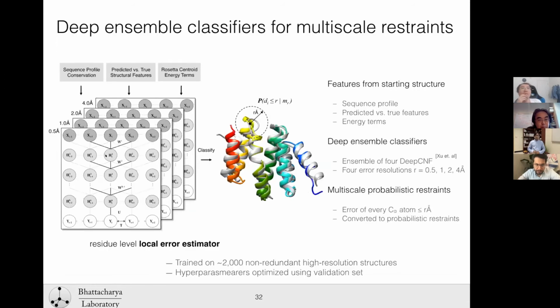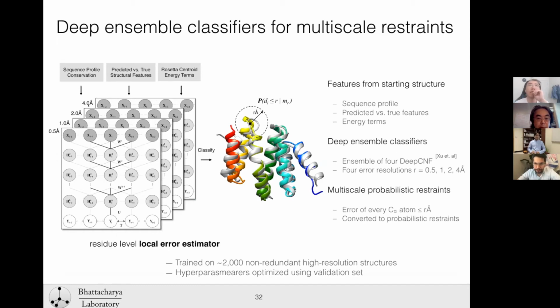Here's the basic idea behind ReFOLD-D. We use standard features derived from the starting structures, which include sequence profile, structural features, and some energy terms. Then we use a deep CNF classifier, which is due to Jianzhu Ma's group. The deep CNF is really an integration between convolutional neural network and conditional random field.